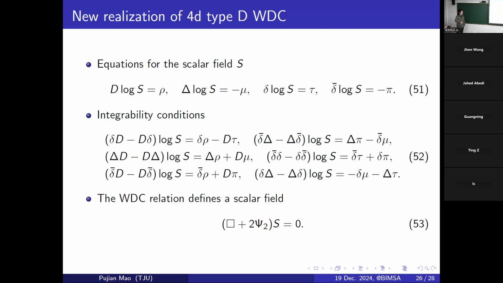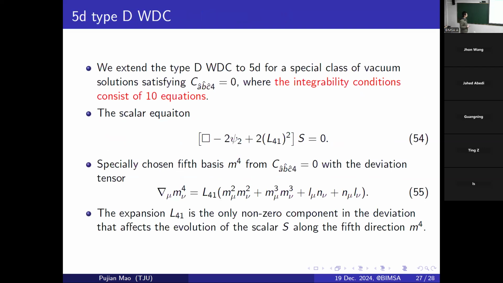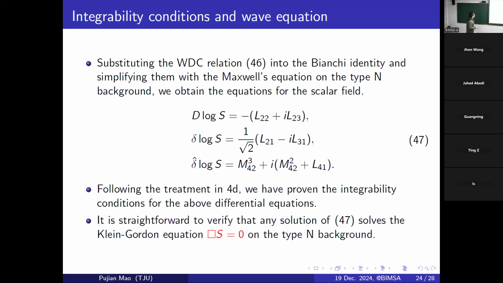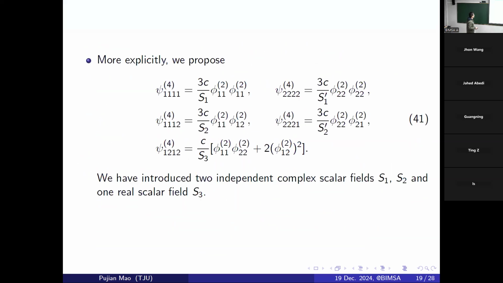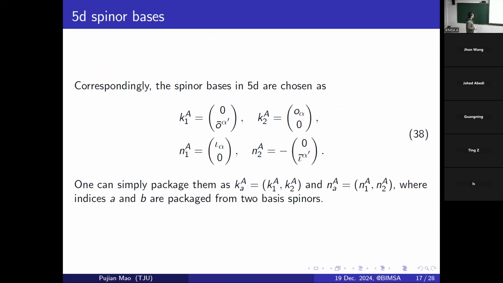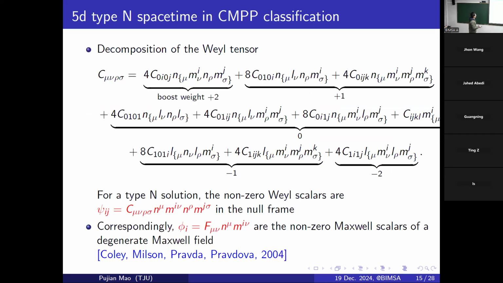Then the next step we have done, in our second paper, is to generalize the 4D analysis to 5D for the type D case. Again, we need a reduction. It's not for generic type D solutions, because I can just go back several pages. You can see why this is very complicated for type D. For type N, you only have this one piece.